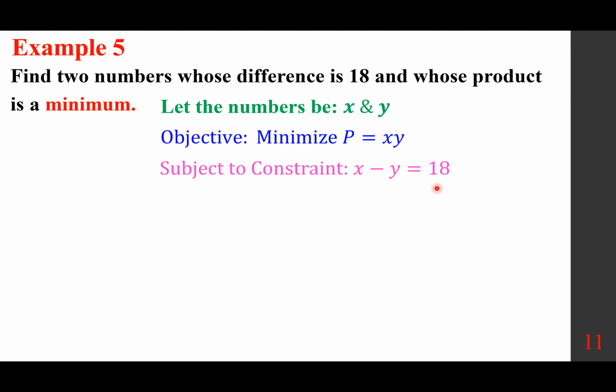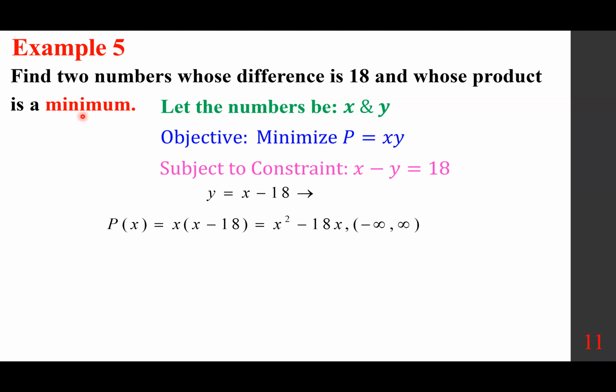Now, in order to have one variable here, x, we're going to solve for y, so y can go to the other side, 18 comes here, x minus 18 is y. Plug it into here, and it becomes x times x minus 18. And sky's the limit. I want to explain why the domain is all real numbers. It can be anything.